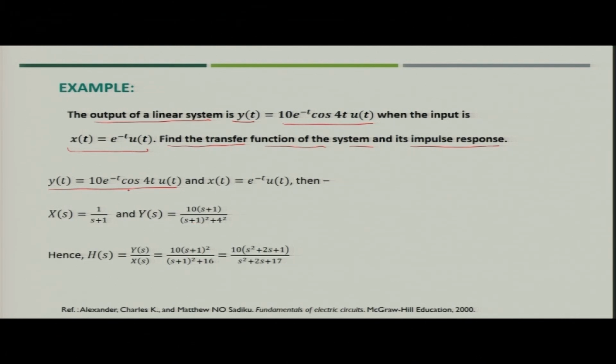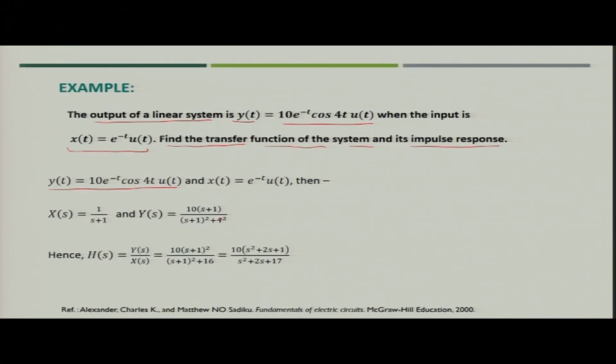Now, since it is cos 4t, if you correlate with the transform of cos omega t, the transform of cos omega t is S upon S squared plus omega squared. So, we will put cos 4t as S upon S squared plus omega squared.